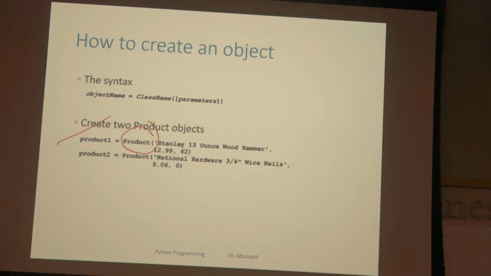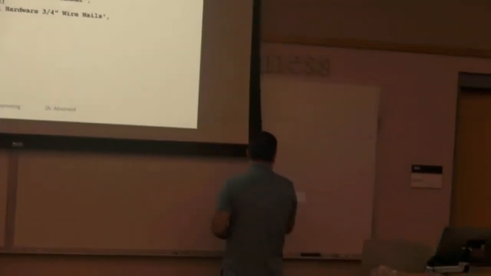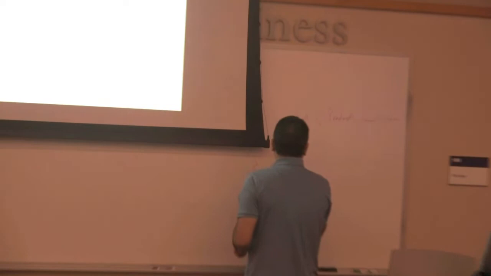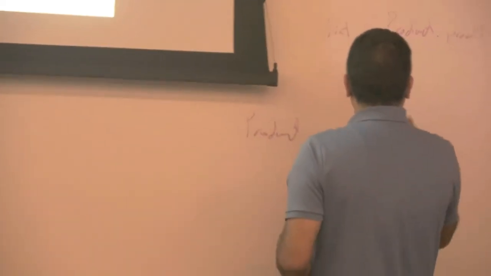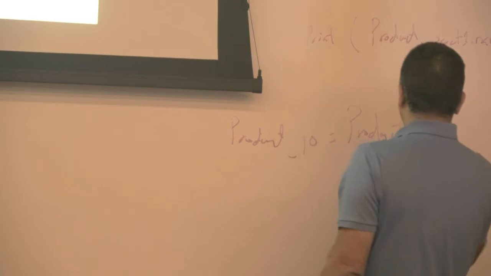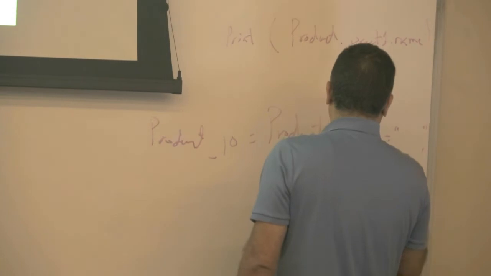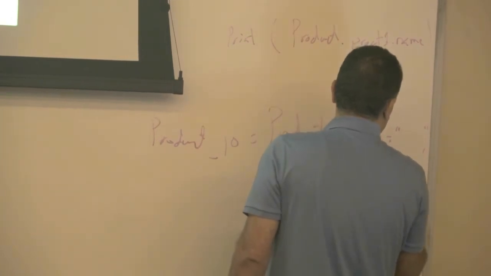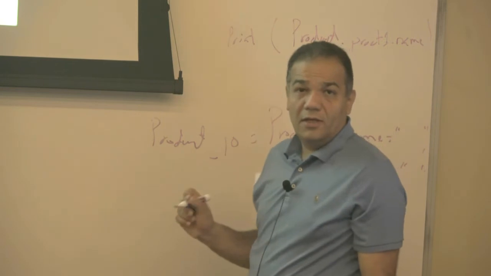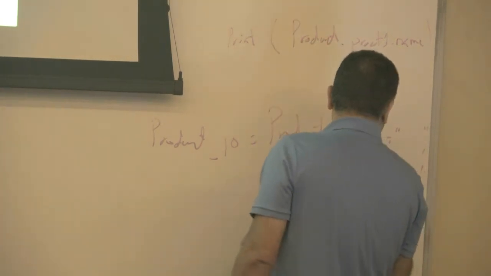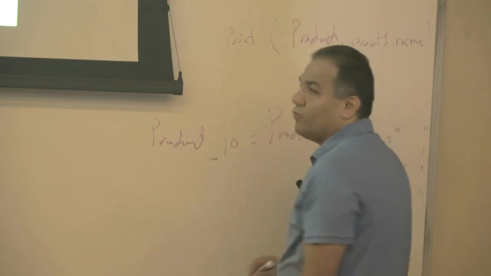But there is a situation where you don't have to keep the order, if you include the attribute itself. So for example, if you say product under 10 equals product, and you say name equals, price equals, you put the names, and for example percentage equals, you don't have to put them in order.